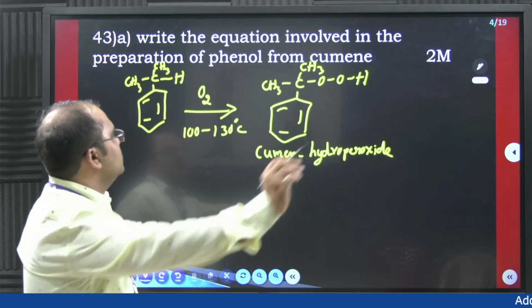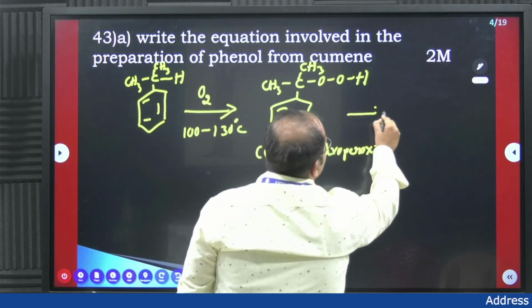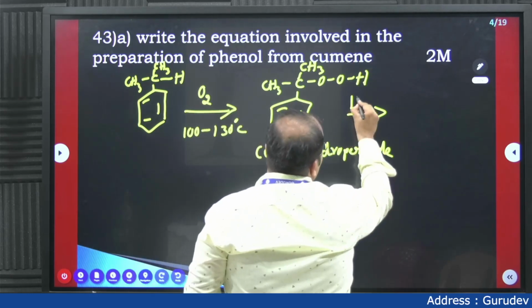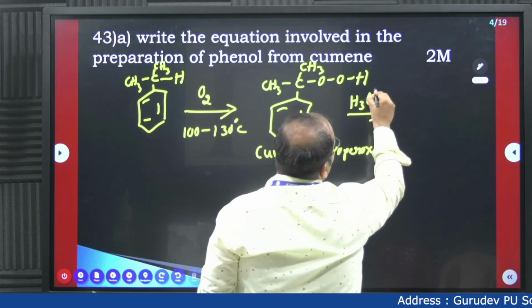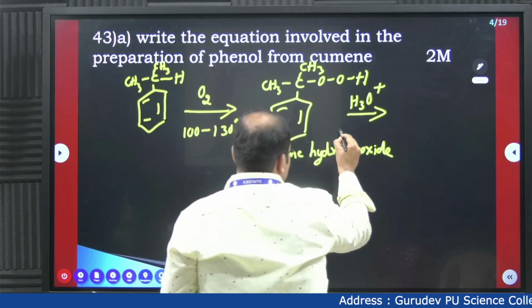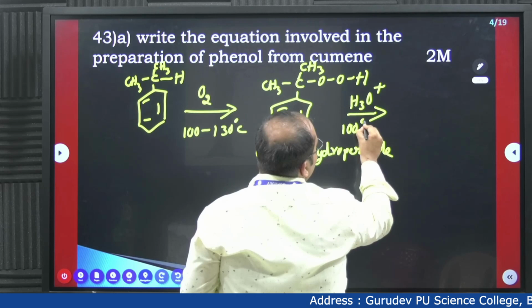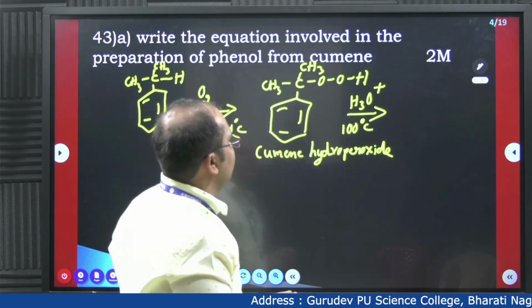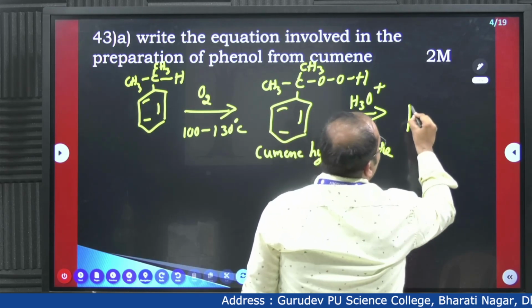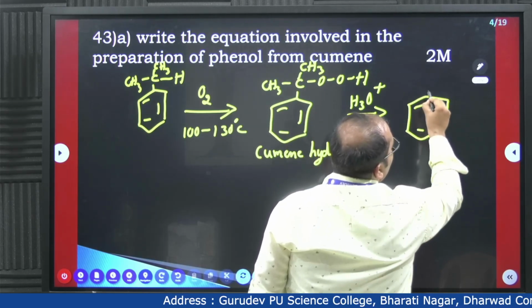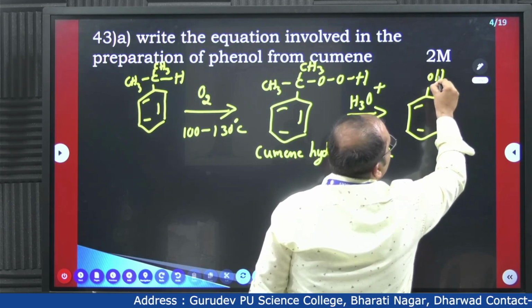Then next, we add water in the form of H3O plus and heat continuously at 100 degrees Celsius. So our major product, phenol, is going to form.